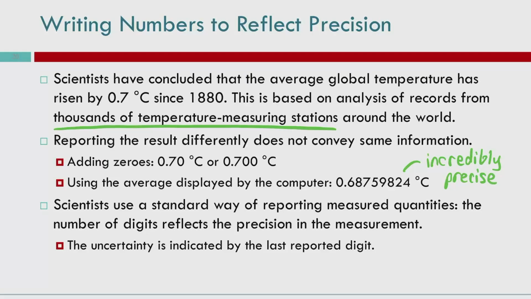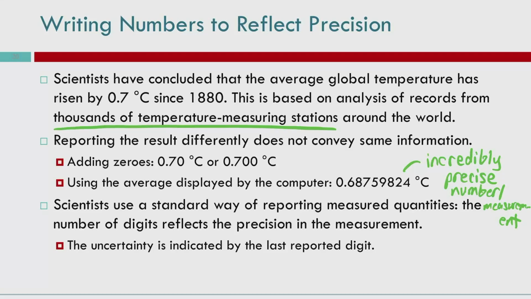Overwhelmingly precise number or measurement. And so it would be misleading or inaccurate if we were to use that number instead of the 0.7 degrees Celsius. So what we're doing with significant figures is making sure that we're keeping track, kind of loosely, of how precise our measurements are.